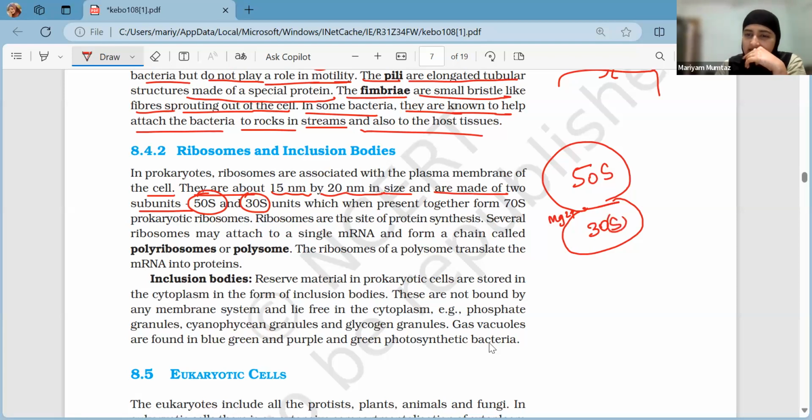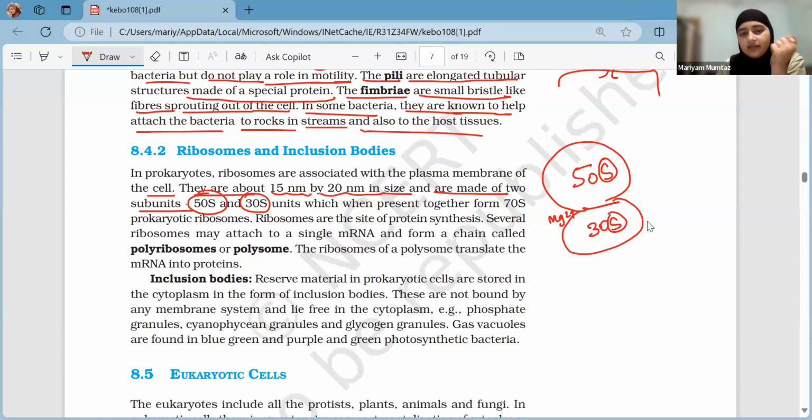Now this S is the sedimentation coefficient. It has nothing to do with size as such; it shows the rate at which it will settle down, because the larger one would settle down faster as compared to the smaller one. Altogether, they make the 70S ribosome of prokaryotes.